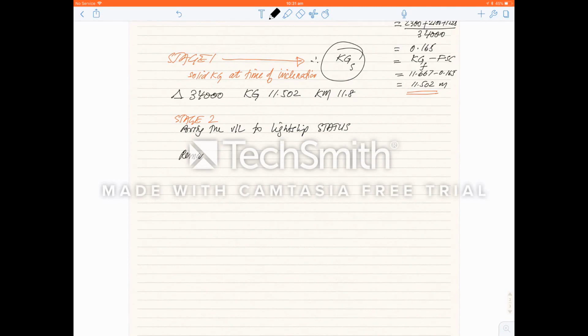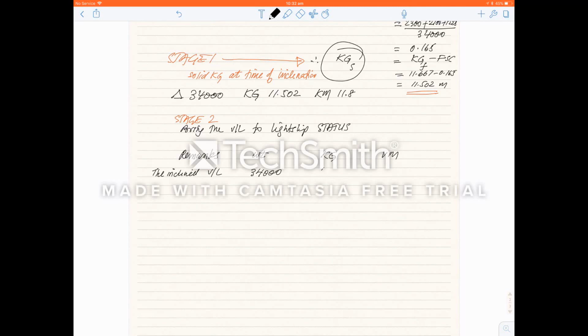Remarks: weight, KG and vertical moment. So remarks: the inclined vessel, what was the weight? 34,000.